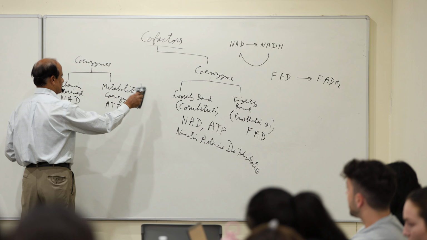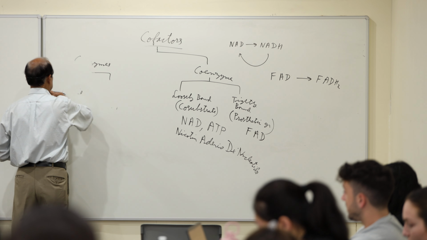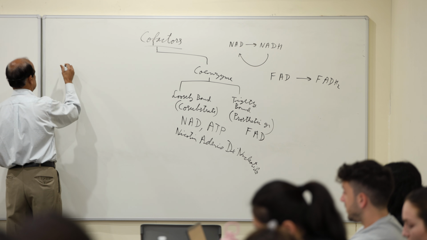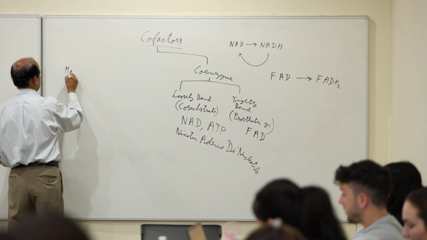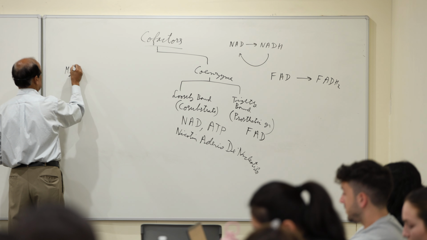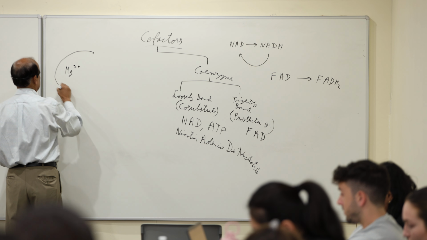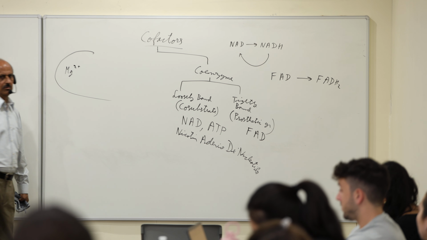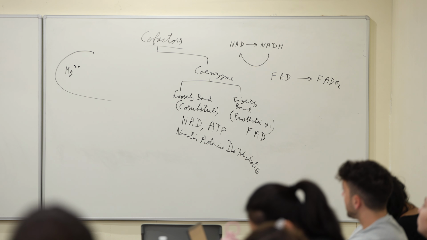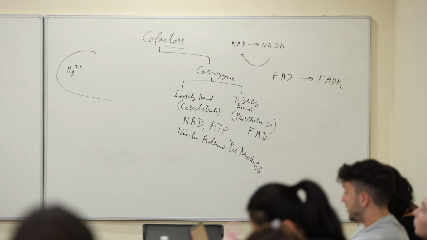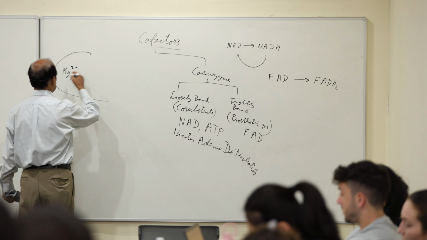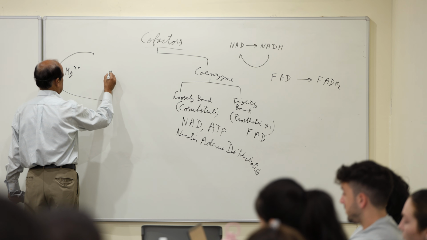So going back to the metal ions, I already mentioned before that all metal ions obviously have a plus charge. So if it is at the active site of an enzyme, most usually all the ATP utilizing enzymes have a magnesium, and the purpose of that is to bring the ATP to the active site so that it can bind.